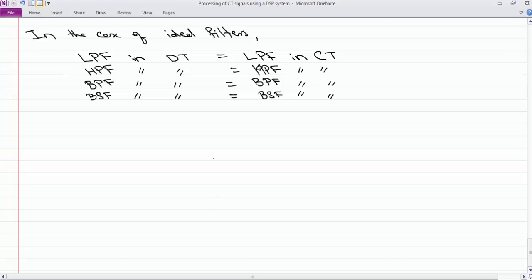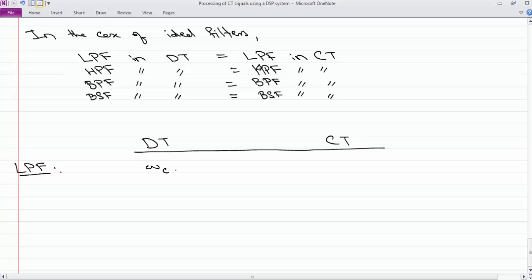So that is simply given by this scaling relationship. If I have a discrete time versus a continuous time, we know that a low pass filter is simply given by its cutoff. So for a low pass filter in discrete time you say, what is the cutoff frequency?